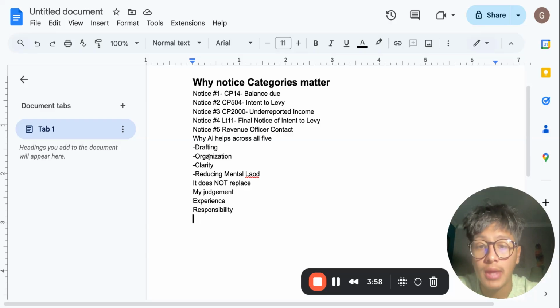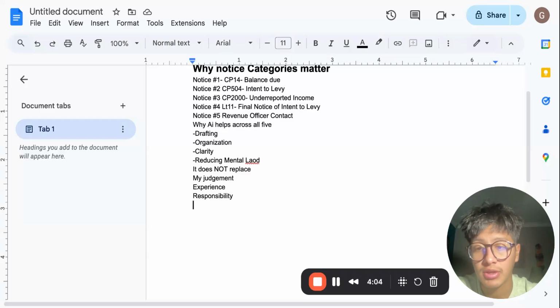Now, notice number 4, the LT11, final notice of intent to levy. This one's one of the most serious notices. Deadlines matter a lot. Appeal rights matter. Appeal rights, in tax, refers to the legal right a taxpayer has to contest or dispute a decision made by a tax authority, in this case the IRS, regarding their tax liability.